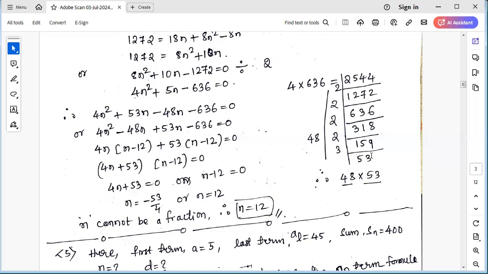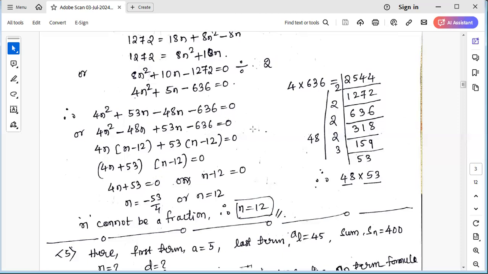Now you take 3, it gives 53. So here 53 we will make one group, and another group, that is 3 into 2 into 2 into 2 into 2, gives 48. So 48 and 53 are the factors for this 2544.